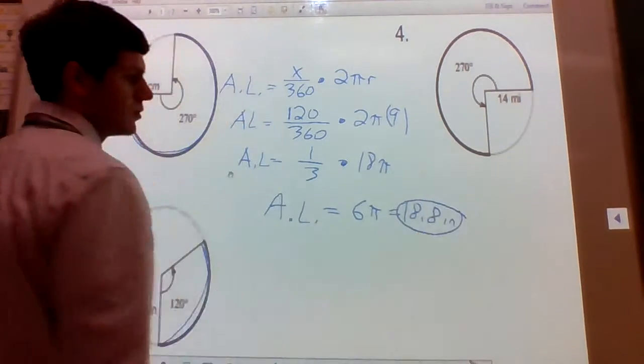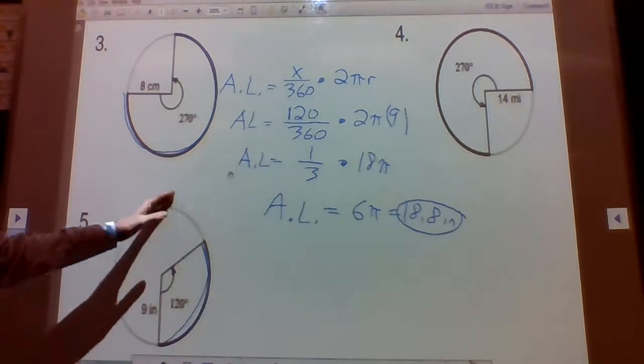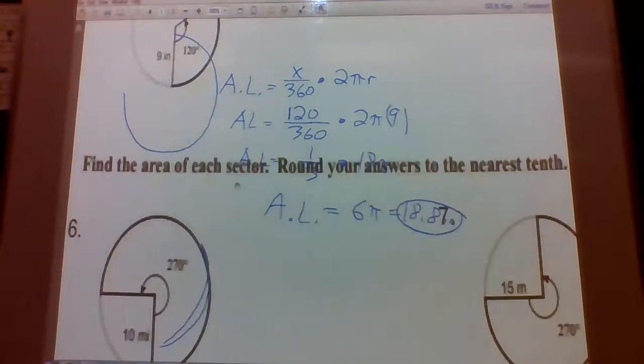The whole thing is 18 pi. This piece is just 6 pi. We're looking at a third of the length of the circumference.